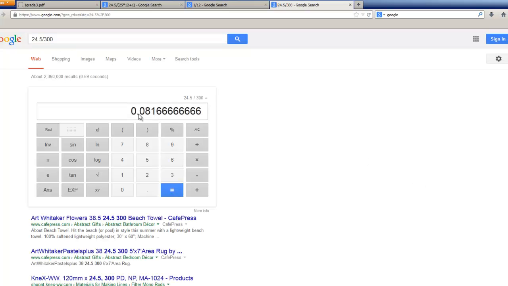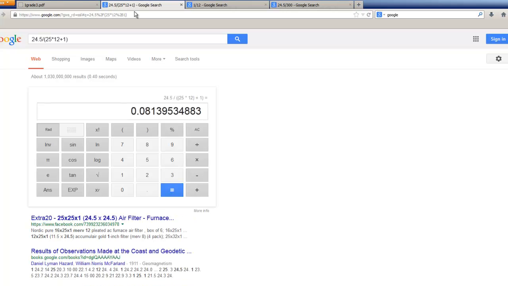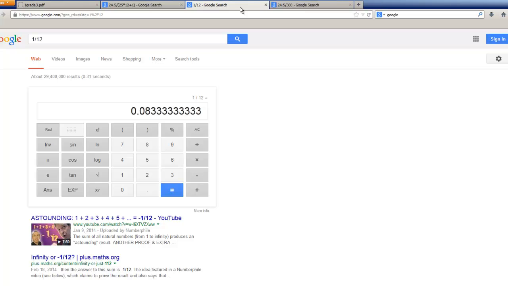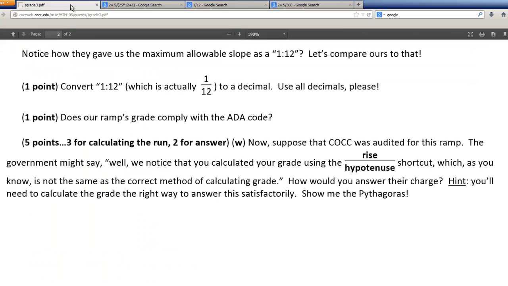Strike enter, and we come up with 0.081666, which is bigger than 0.08139, because the right way should be bigger than the wrong way since the hypotenuse is longer. But it's still less than the maximum grade, which means we're still okay.